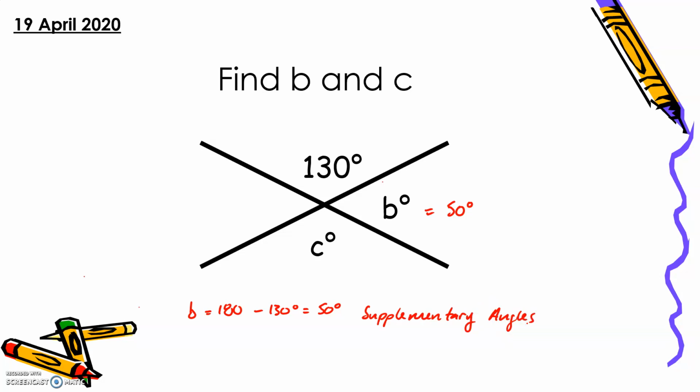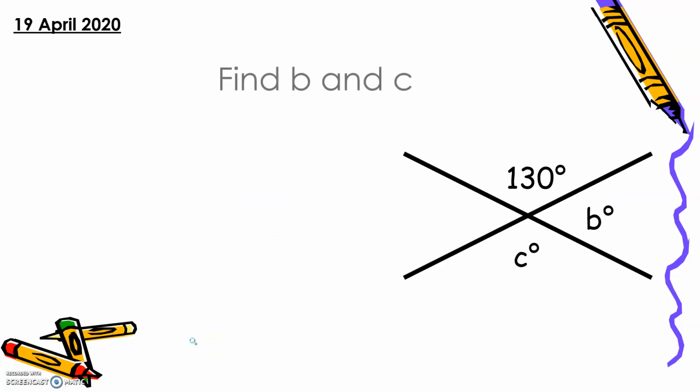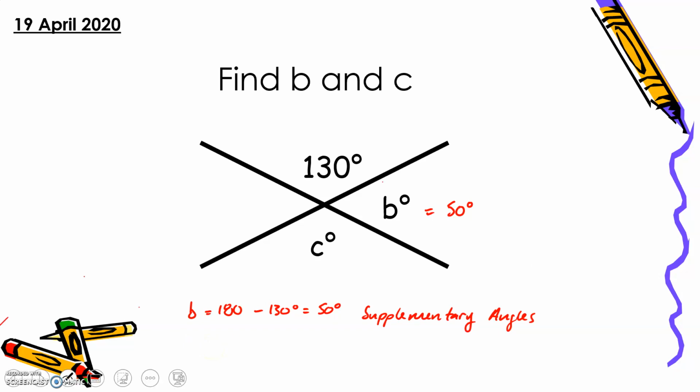Now that I know that, I can either use the fact that C is vertically opposite, or the fact that it's supplementary with B. In this case, I'm going to say C is equal to 130 degrees, and that's because it's vertically opposite.